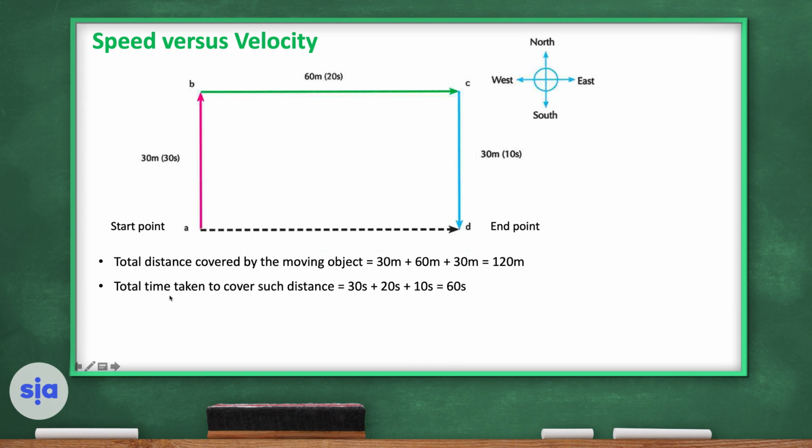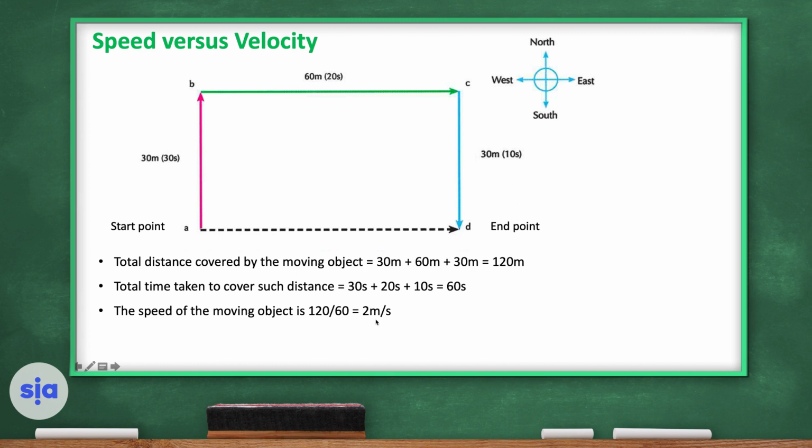The total time taken to cover such distance is 30 seconds from A to B and 20 seconds from B to C, and then 10 seconds from C to D, which is equal to 60 seconds total. The speed of the moving object is, of course, the distance divided by time. 120 divided by 60 equals 2 meters per second.